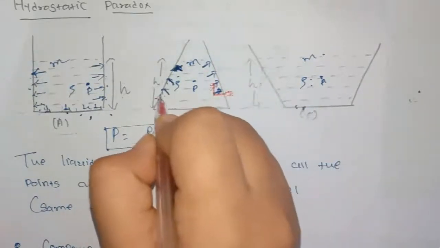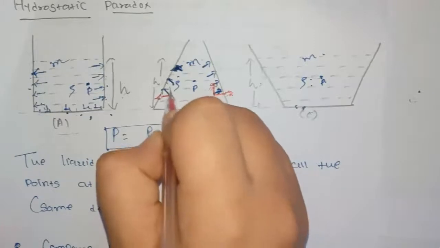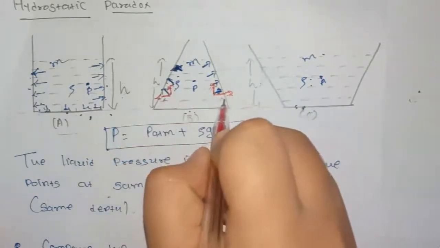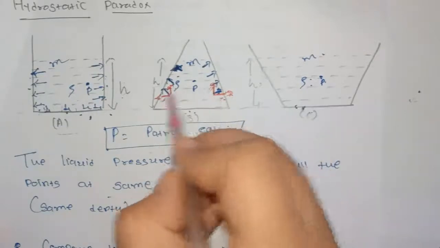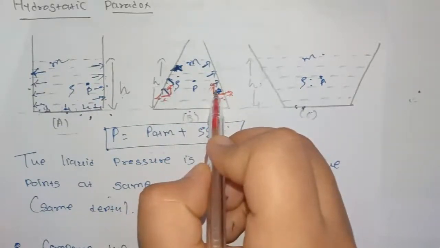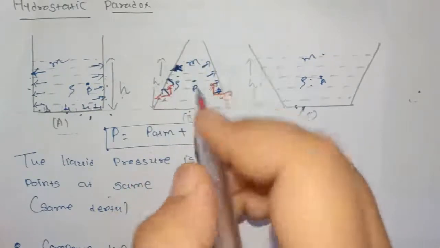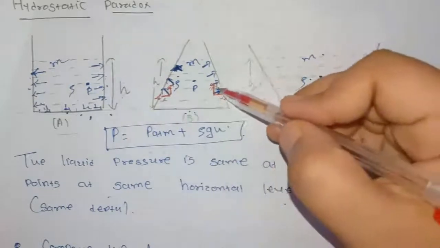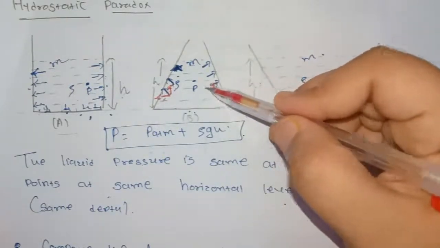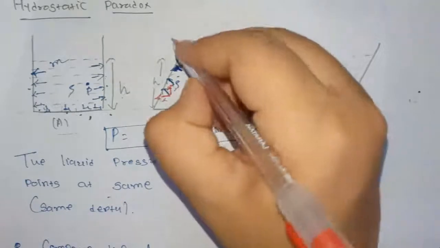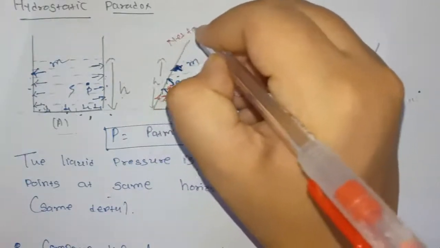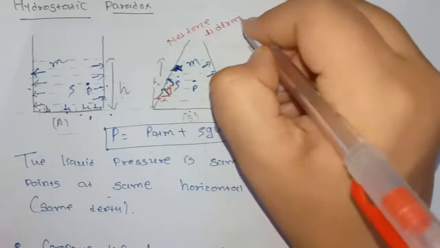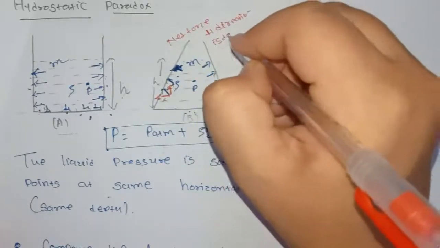For the same, here one will be in the horizontal direction and one in the vertically upward direction. These two horizontal forces will cancel out each other, but this upward force will not cancel out. So in this case, there is some downward gravitational force and some force due to the pressure in the vertically upward direction. So the net force in the downward direction is decreased.